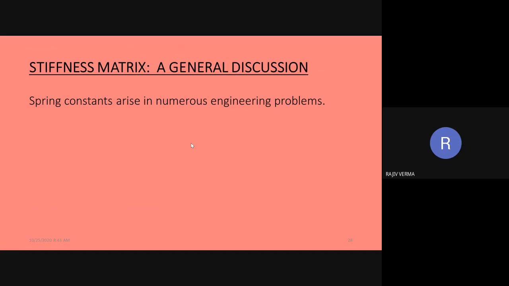Stiffness matrix should simply be interpreted as a mathematical relationship between the nodal degrees of freedom and the corresponding disturbing parameters acting on the nodes.